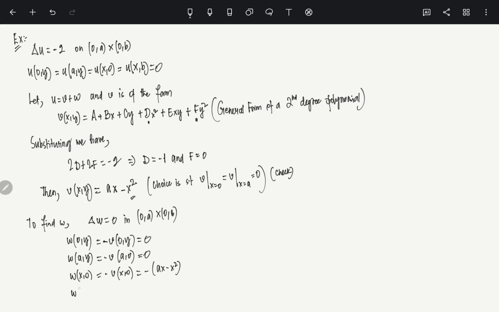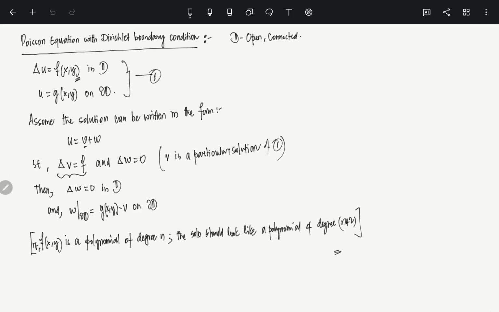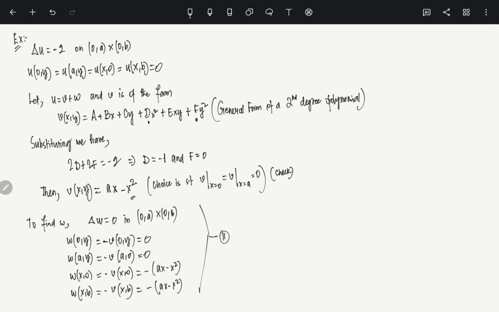And w of (x,b) is nothing but minus v of (x,b), which is minus ax minus x square. Is it okay? Now the thing is, we need to solve this. Of course, I am not going to do it. Let's say this is 1, and this is 2. How to solve it?